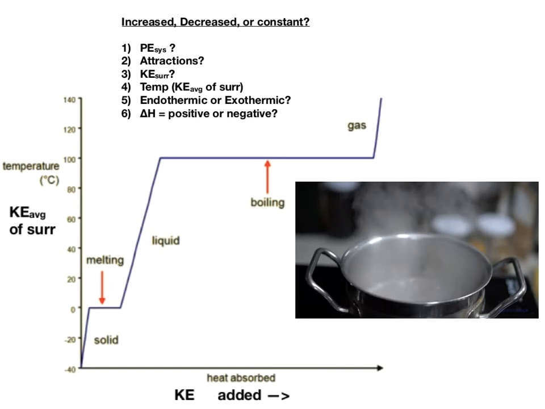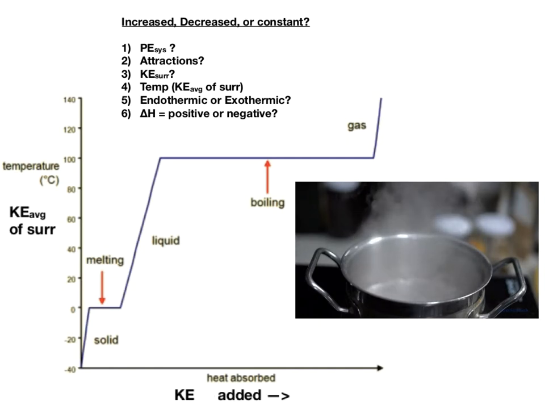This is because that actual kinetic energy is being absorbed into the potential energy of our chemical system. Therefore, the potential energy of the system increases, and attractions must correspondingly decrease.